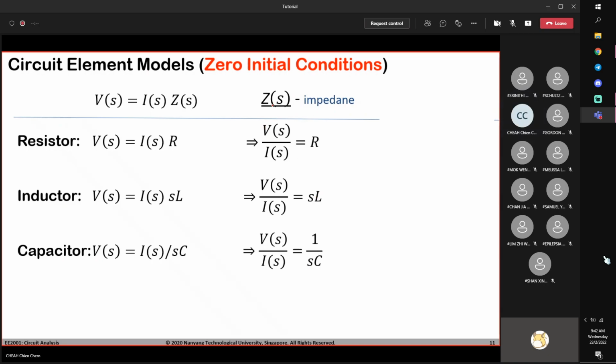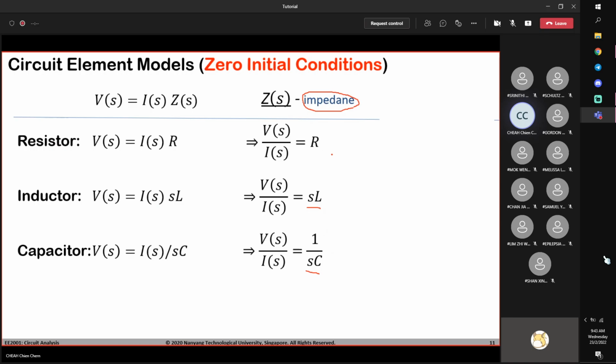Now, these concepts we call impedance. It's just a name to include these energy storage elements in the Laplace domain, in the sense that in the Laplace domain, V over I appears as a linear relationship similar to Ohm's law. So we call this impedance.